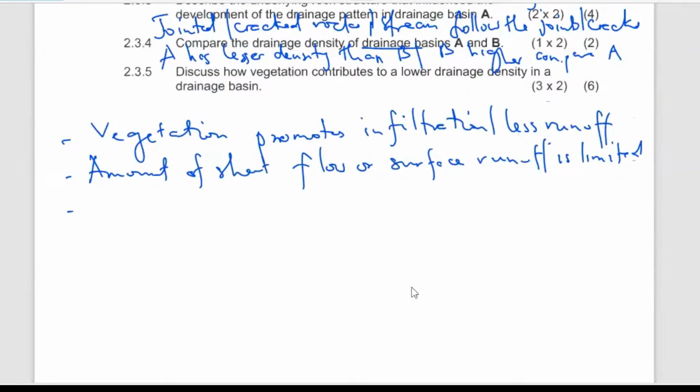And what is going to happen because of less surface runoff in this matter? Fewer streams will develop.